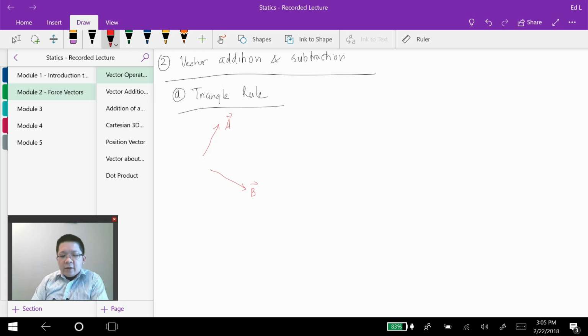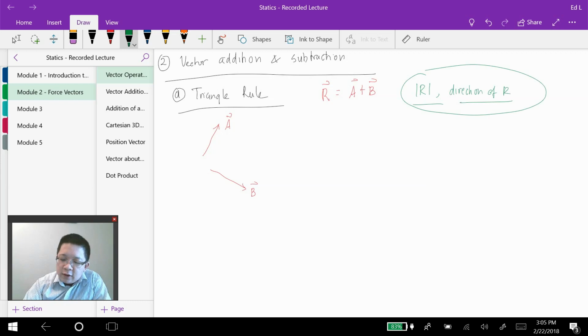The triangle rule says you can calculate the resultant factor as R equals A plus B. Our purpose is to calculate the magnitude of R and also the direction of R. To help us calculate these two quantities, the triangle rule provides a sketch that will help us calculate using a trigonometry law that we will review later.